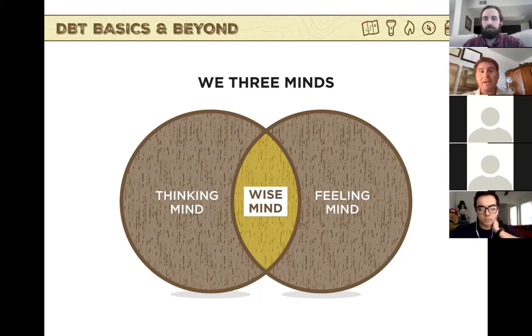Just like, can our emotions be disproportionate to a situation? For sure. Well, so can our thoughts. So really, what we mean by the thinking mind is the part of our brain that communicates with words. When you think about it, that is a huge gift we have as humans, that we can process information linguistically.